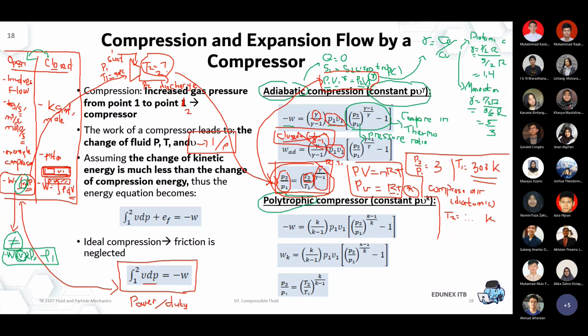Sir, I got 414 Kelvin. 414 Kelvin, yeah. So that would be 127 plus 14, 141 degrees C. Anyone has different answers?